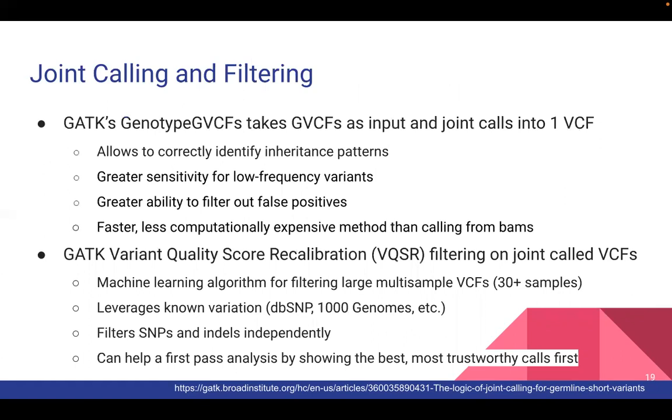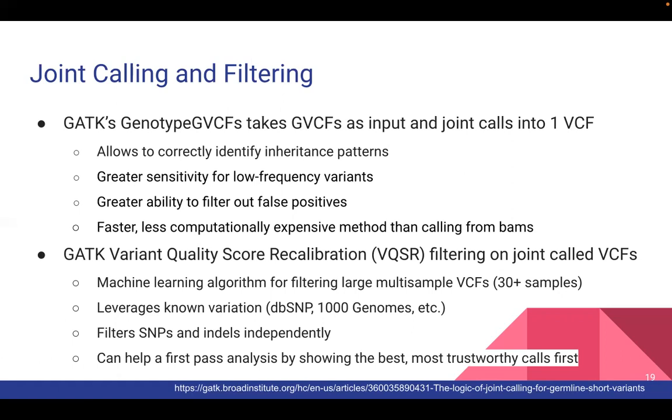GATK's GenotypeGVCFs does this joint calling process from GVCFs, so we can have a squared-off multi-sample VCF with no or very little missing data. In addition, joint calling helps boost low frequency variant calls and has a greater power to filter out false positives. Utilizing pre-computed GVCFs is also much less computationally expensive than joint calling straight from BAM files.